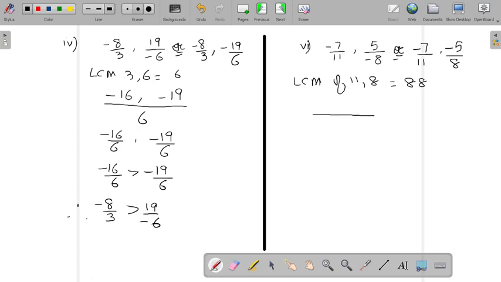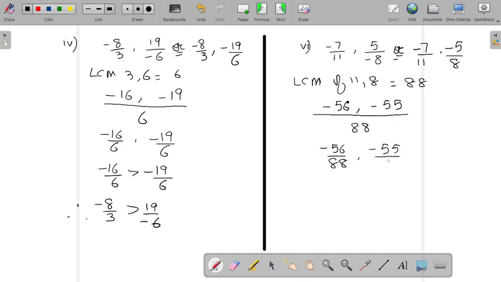I think you must know how to find the LCM. So write the LCM here, 88. From below divide, meaning 8, from above multiply, so minus 56. Divide by 11 and multiply with the upper part, minus 55. Next step, write them separately.